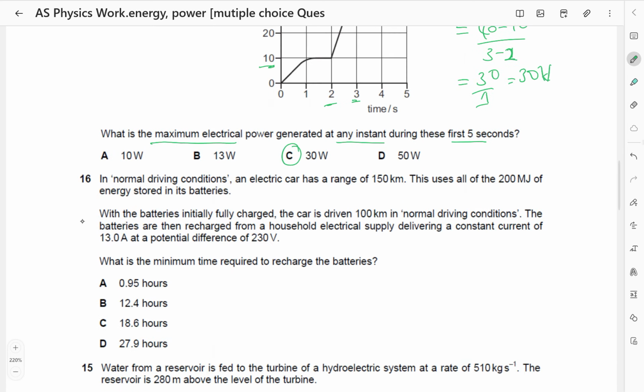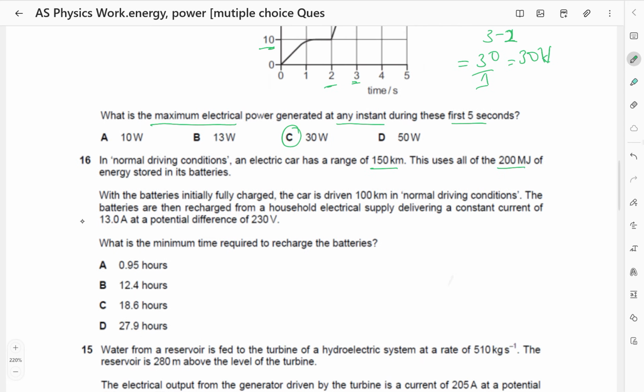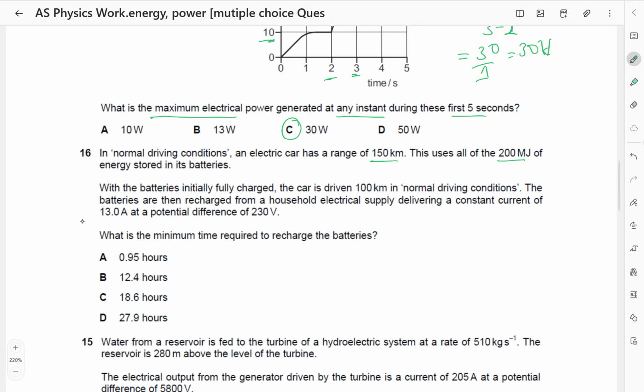In normal driving conditions, an electric car has a range of 150 kilometers. This uses all of the 200 megajoules of energy stored in its batteries. With the batteries initially fully charged, the car is driven 100 kilometers in normal driving conditions.